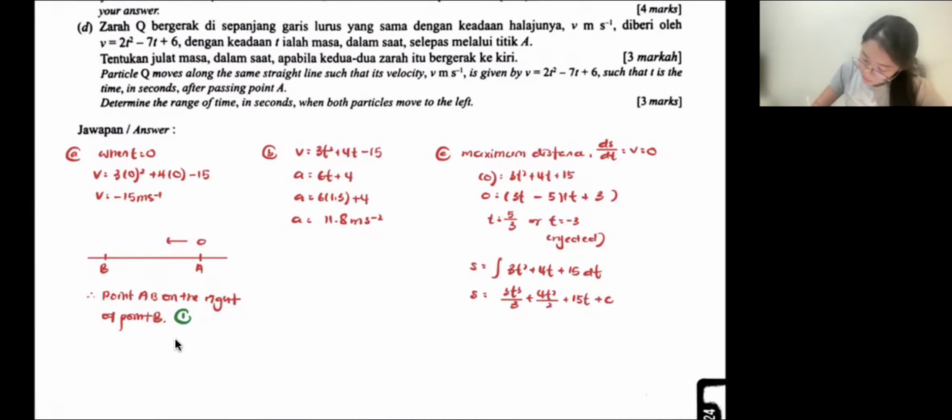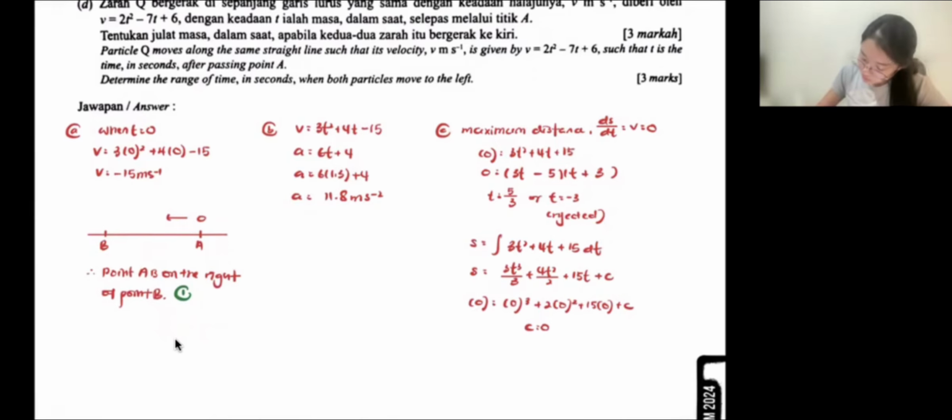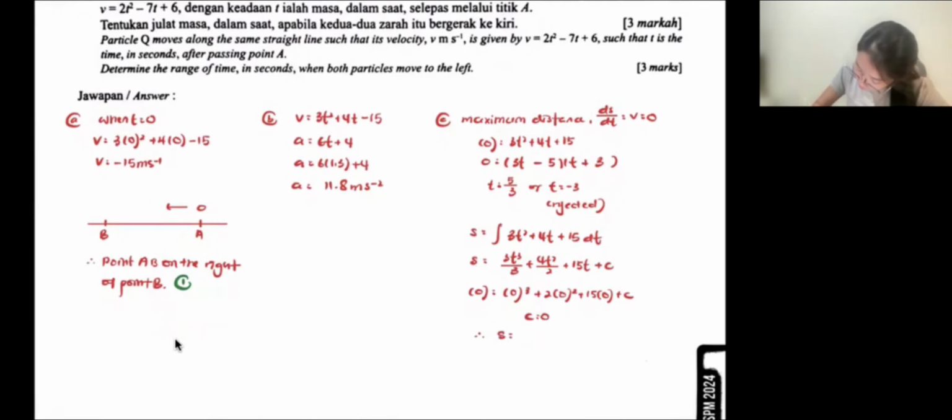Then you can simplify and substitute s and t at the same time to find c. At the beginning, displacement is 0. So 3 cut with 3, there's 2 times 0 squared plus 15 times 0. c is also 0. You have to prove that c is 0. So s over here, you're getting t cubed plus 2t squared plus 15t.